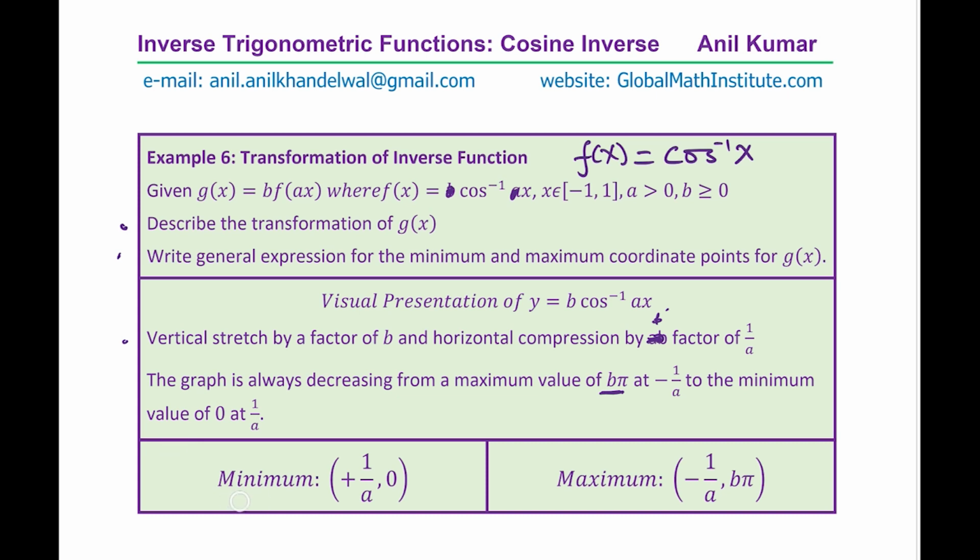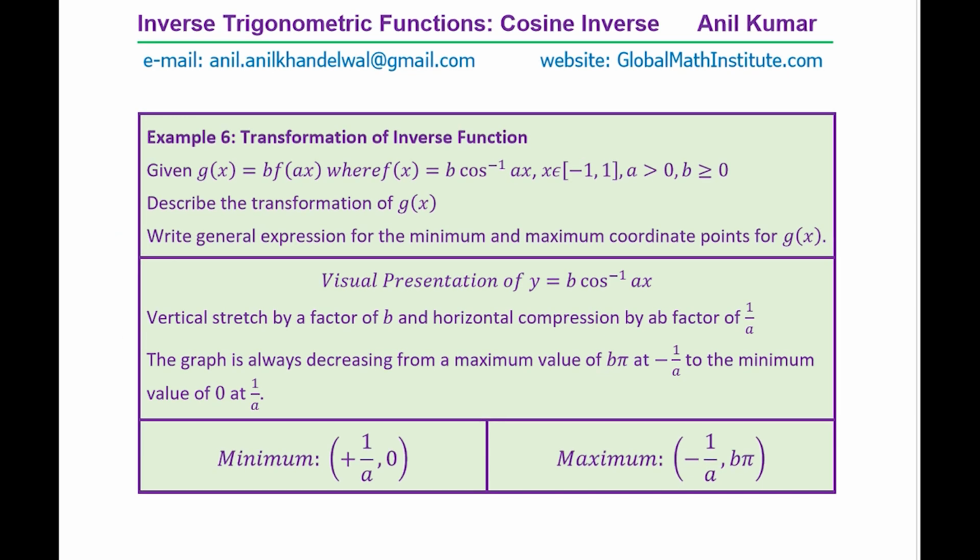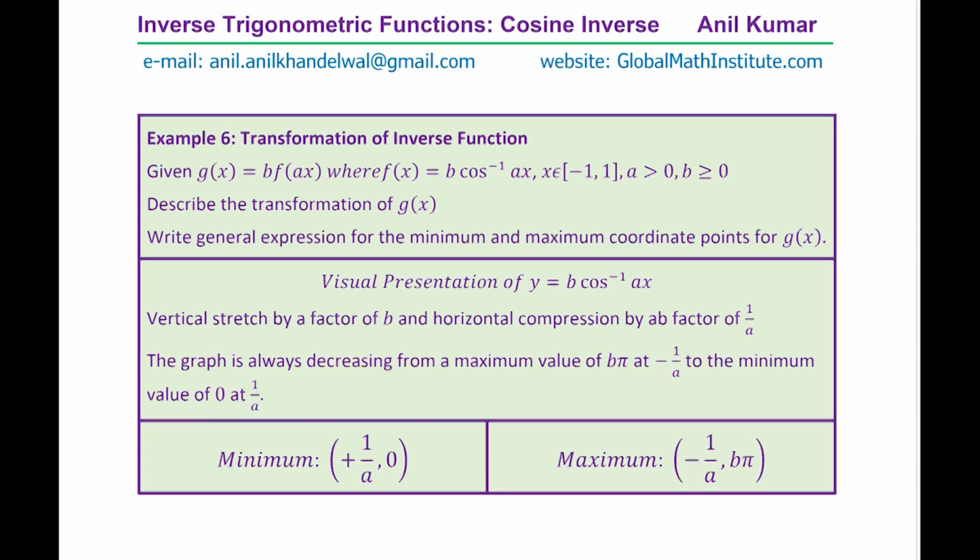So we can now write down the coordinate points as minimum being at 1 over a, 0 being the value, and maximum at minus 1 over a is b pi. Is that clear to you? So I hope that presentation really helps. So that is our answer, which we just shared with you.